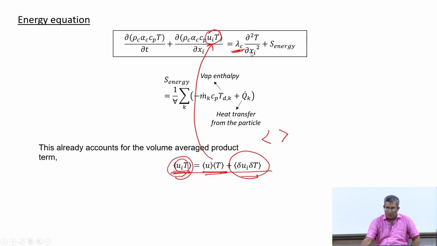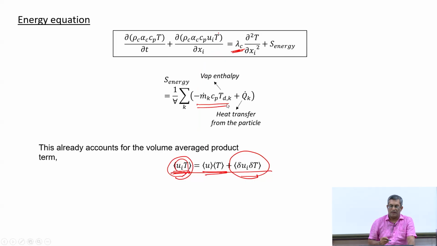But the form up to this looks similar to the single phase flow energy equation. But here we have a source term because of the presence of particles. And that source term again has two components.